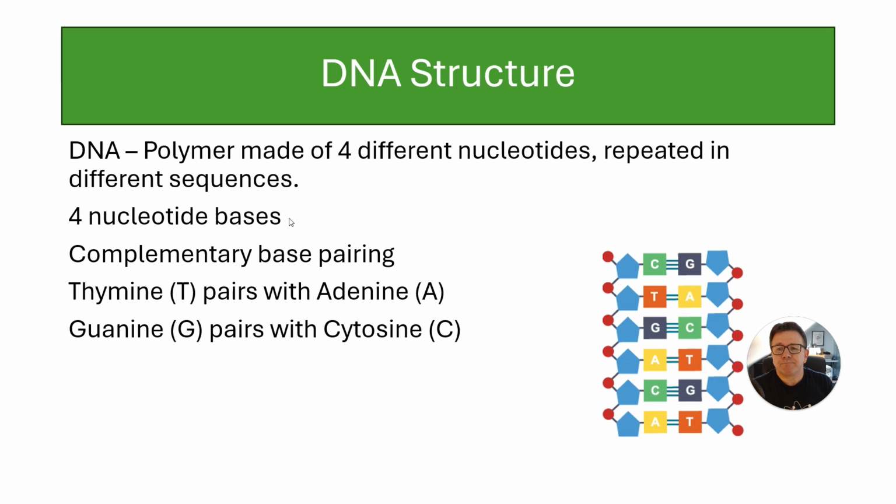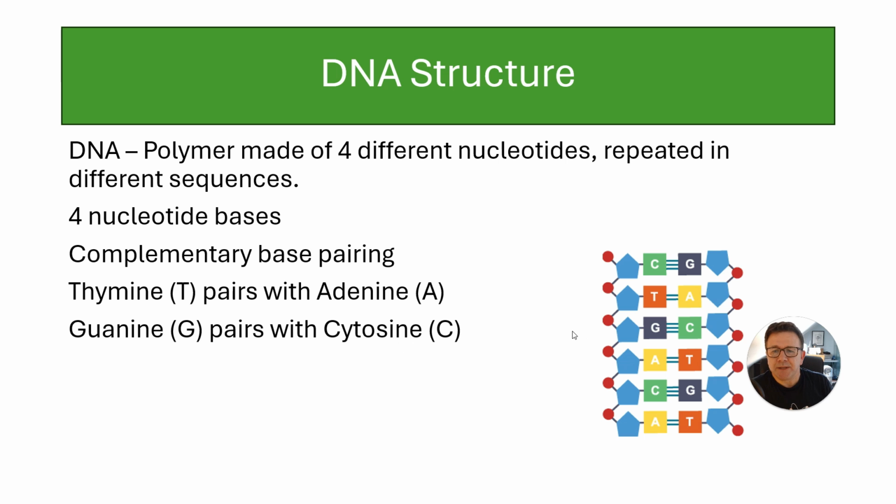DNA structure, basic DNA structure. It's a polymer made of 4 different nucleotides repeated in different sequences. So you need to know that thymine pairs with adenine. Okay, so I say things like the tree and the apple, so thymine and adenine, and guanine pairs with cytosine, a car goes in a garage.